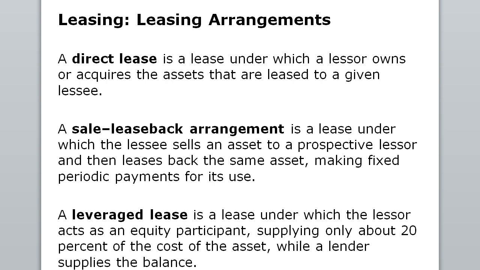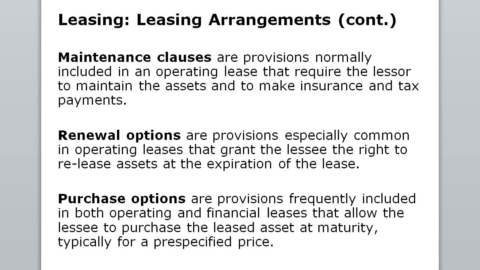Or same thing if you wanted to buy a shopping plaza, you could put 20% down and borrow the rest and lease out the individual shops, creating a leveraged lease where you borrowed money to obtain the asset and then you're leasing it out.